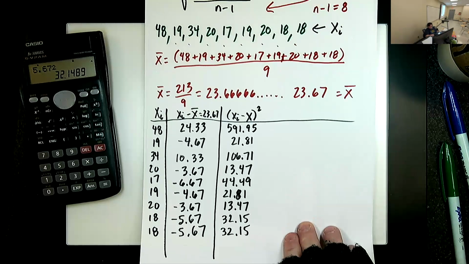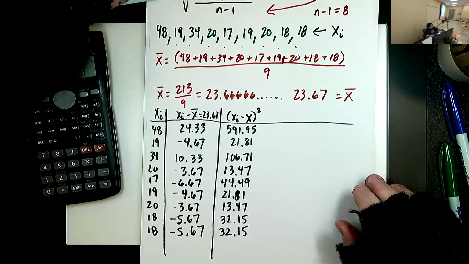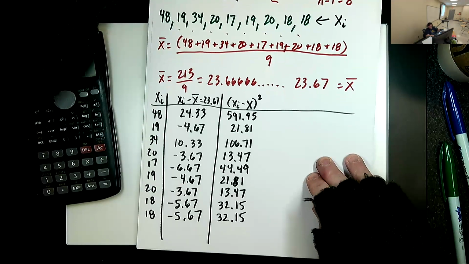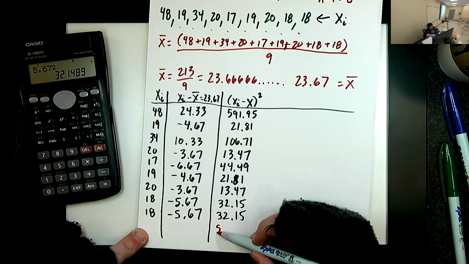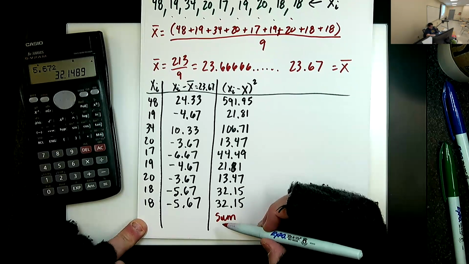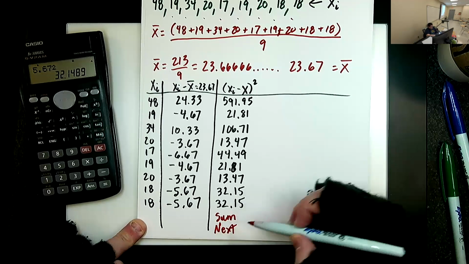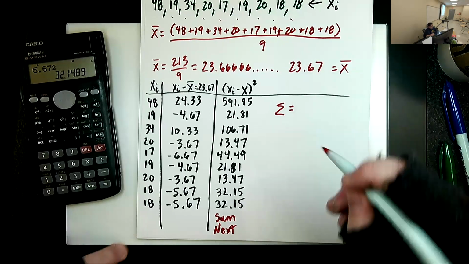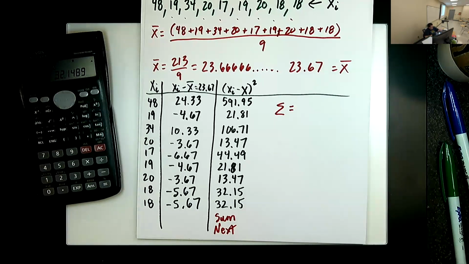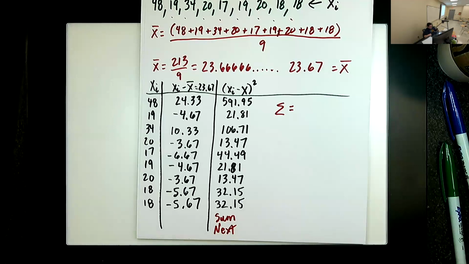Now, the next thing we have to do is the summation. Summation is next. I'll write what that value is in the next column after I've added it up. Someone else add these numbers up with me.